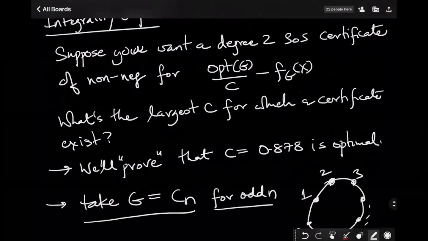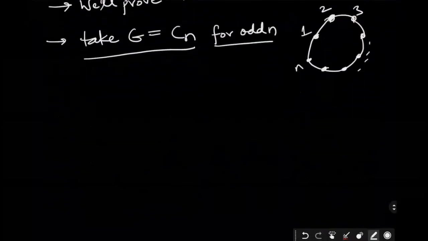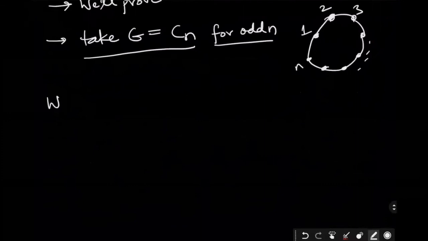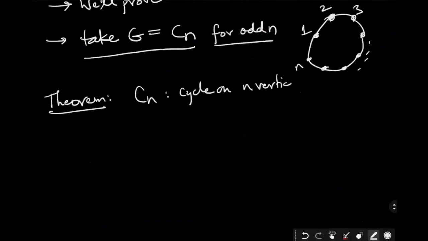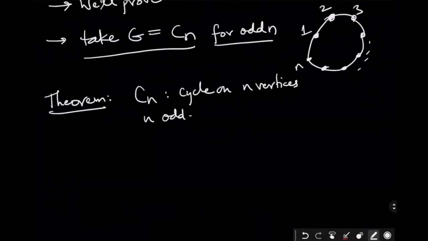Okay. So how will we show this? Let's write down a theorem and then I'll interpret it for you. So let Cn be a cycle on n vertices, n odd. Then can someone tell me what's the value of the max cut in an n cycle when n is odd?